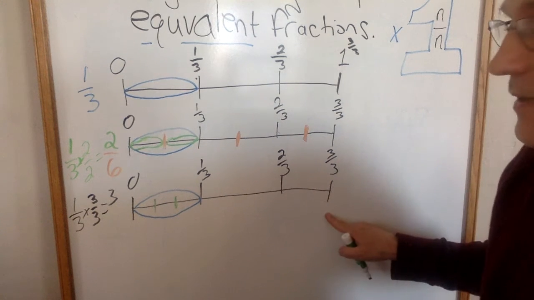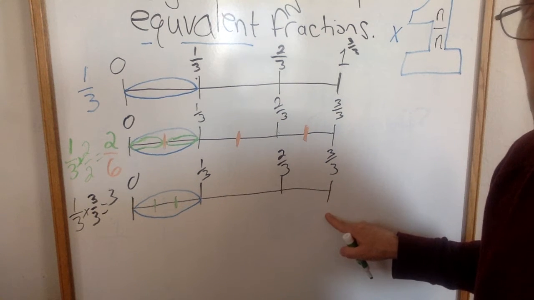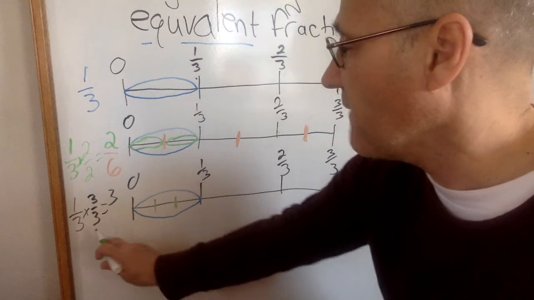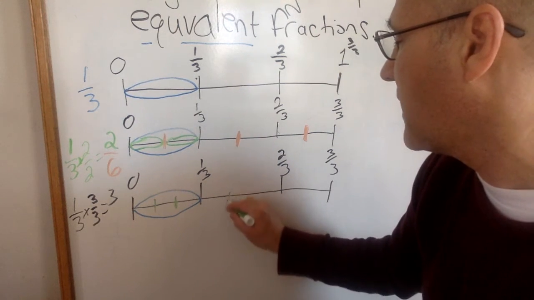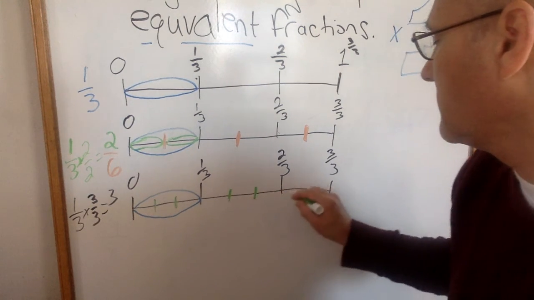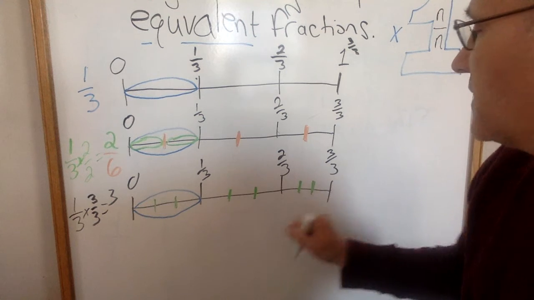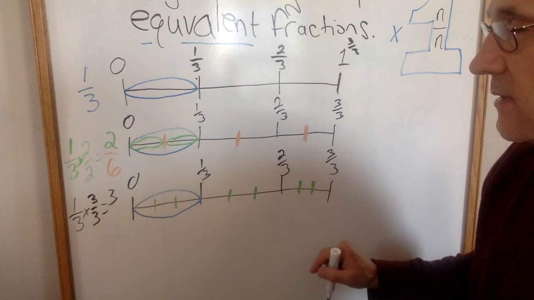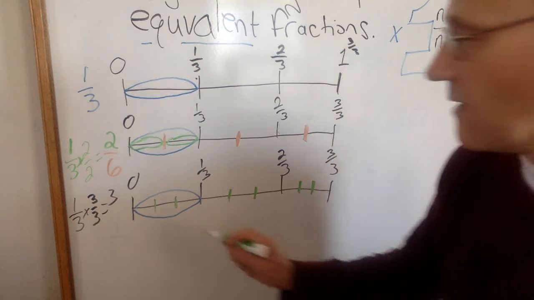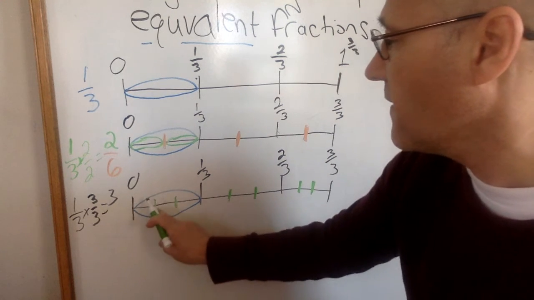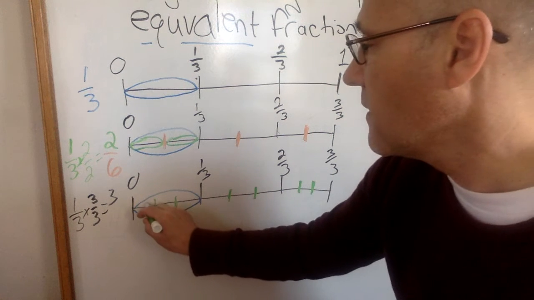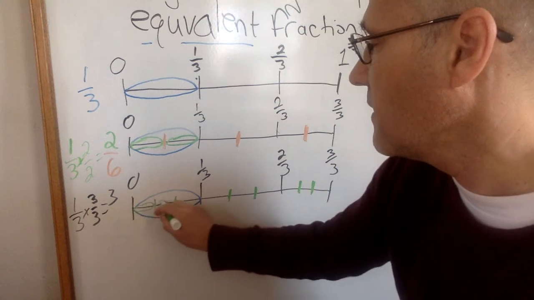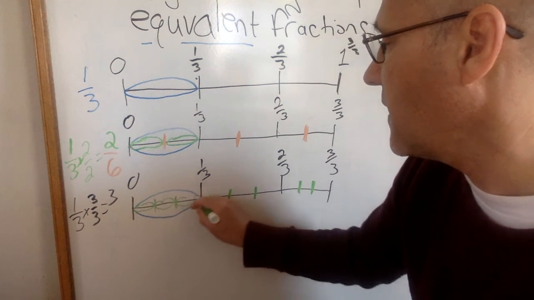Now, I don't have all equal parts across my whole. So I have to 3 split everybody else. And remember, 2 cuts, 3 split them into 3 parts. Now, my 1/3 became 1, 2, 3.